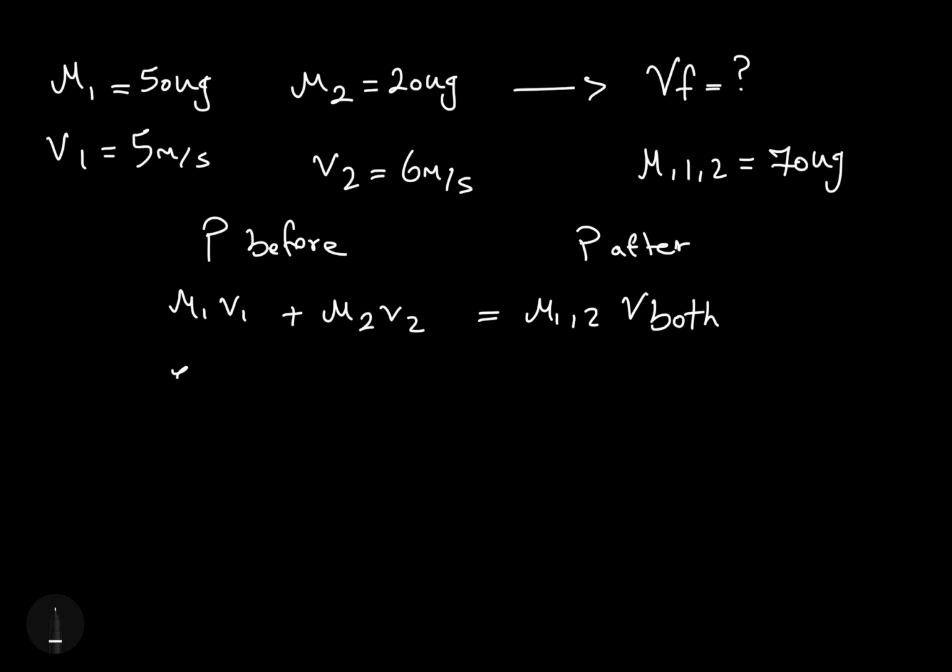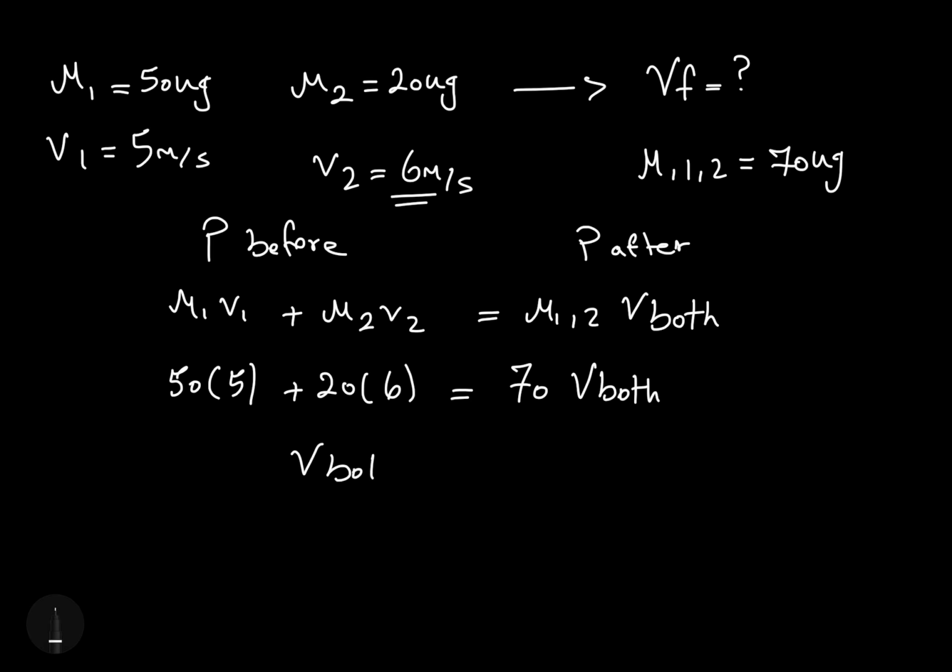So M1 is simply 50, V1 is 5, and this is going to get added to 20 times 6, because that's the speed of the quarterback, and this will be equal to the masses of them both combined, which is 70, multiplied by their velocity.